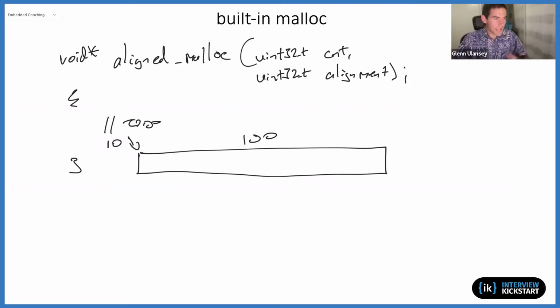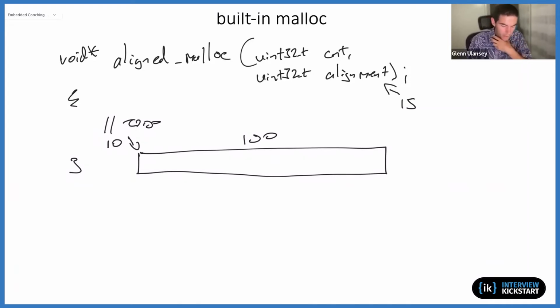The address that you happen to get back when you called malloc happened to be at a multiple of 10 offset. And the alignment requirement that someone else asked for is that it be a multiple of, let's say, 15. Kind of silly numbers, but once again, this aligned malloc function needs to work for any of them.